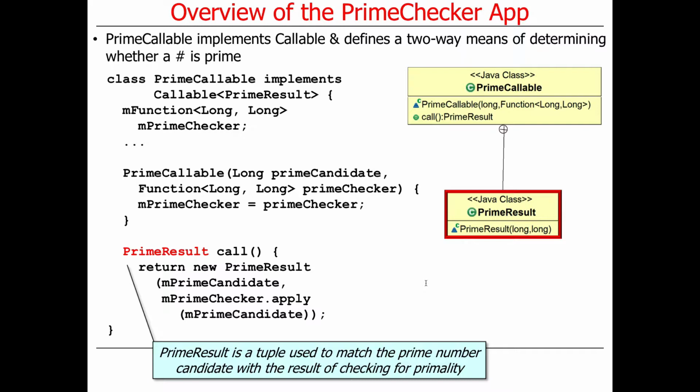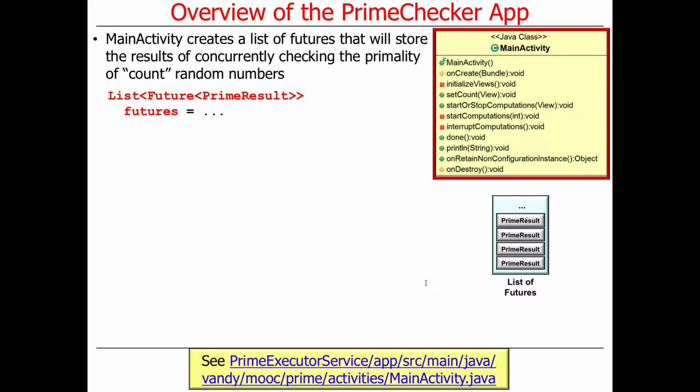And the reason we have to pass two things is because we need to know what number we were checking, and we need to know the result of the check. So that's a tuple. So it's got two fields in it. Basically, the original number, the prime candidate, and what the result of checking for primeness was for the prime candidate. That's kind of how those classes work.